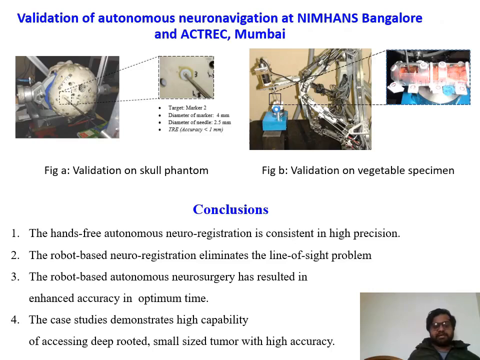I have validated autonomous neuro-registration at the National Institute of Mental Health and Neurosciences, Bangalore, and ACTREC, Mumbai. I validated on various phantoms and vegetable specimens. I took the scan of the phantom, placed the phantom in several different poses, and measured the coordinates using the algorithm which I have developed.